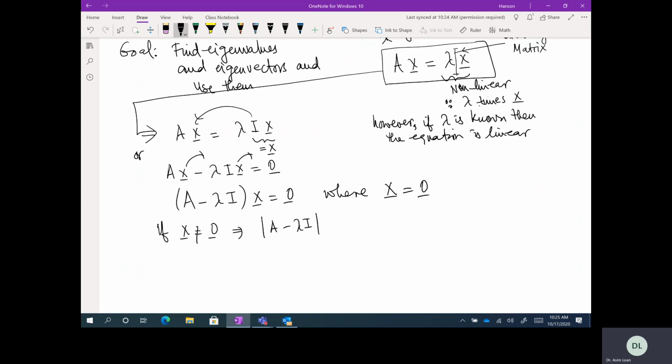So if x is not equal to 0, this implies A minus lambda I has to be singular. What is A minus lambda I? This simply means the determinant of A minus lambda I is 0, which means A minus lambda I is a singular matrix. And if you recall, if you have a singular matrix, then in echelon form it has a row of zeros.